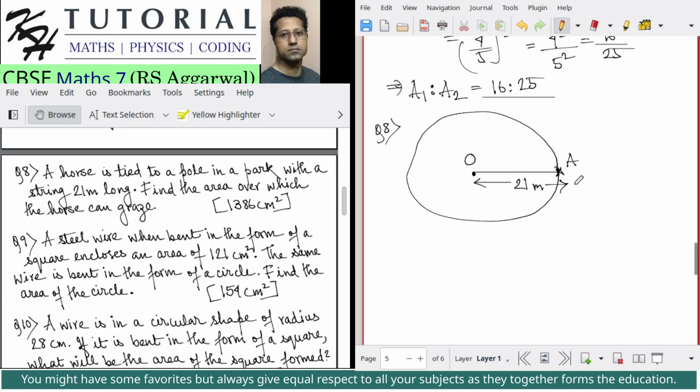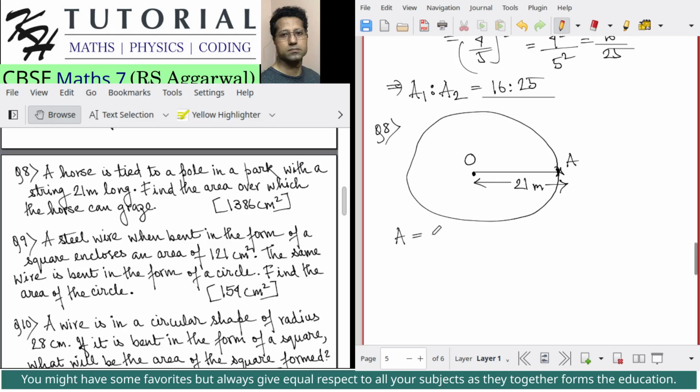Sorry for a bad drawing. The maximum region that the horse can graze is nothing but a circle whose center will be the foot of the pole, the point on the ground where the pole is standing, and you can consider the length of the string to be the radius of the circle.